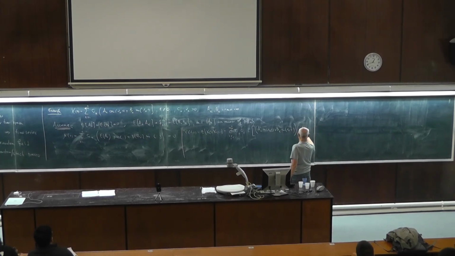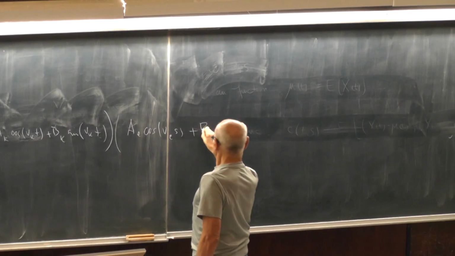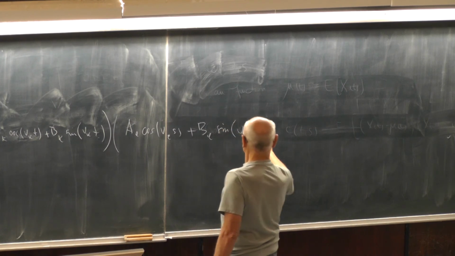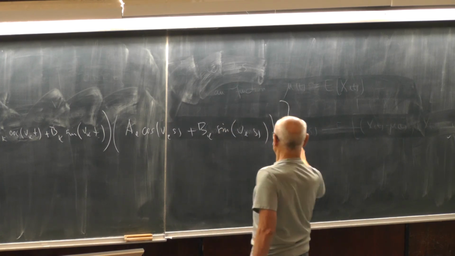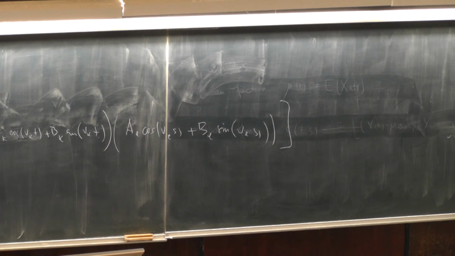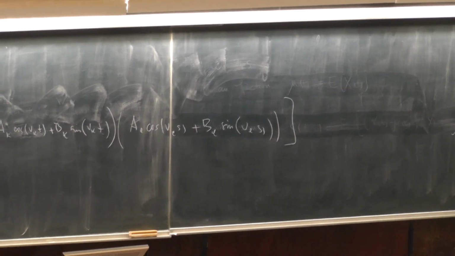So index is L, cosine mu_L S, okay? So somebody should watch for typos here, because I trained you this morning with some typos.